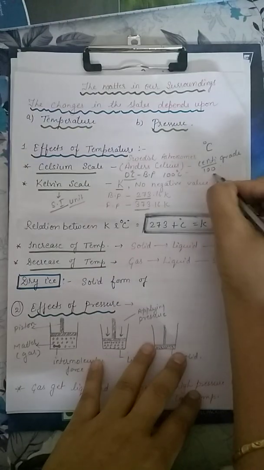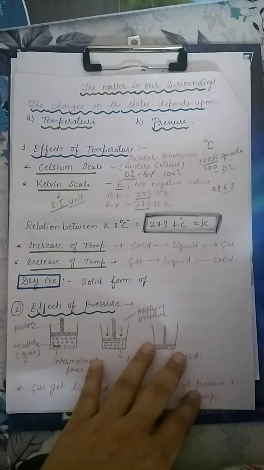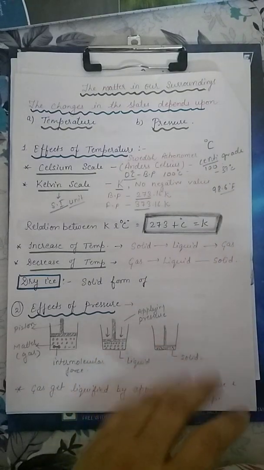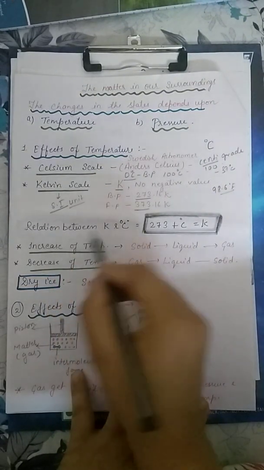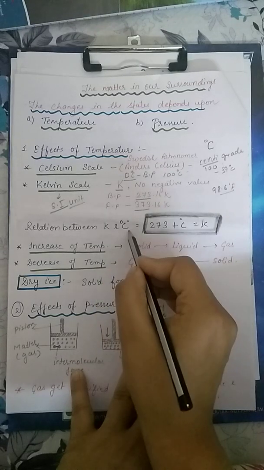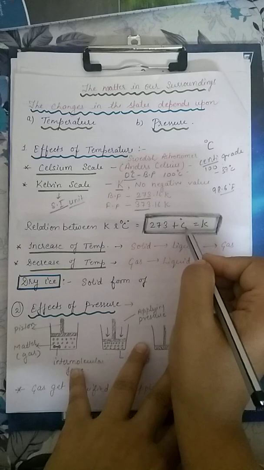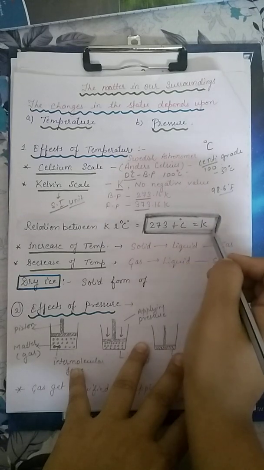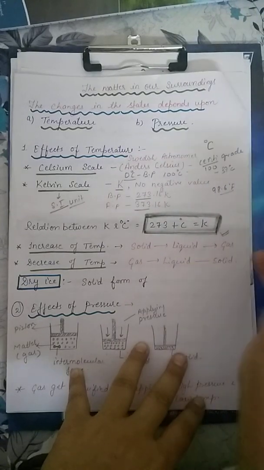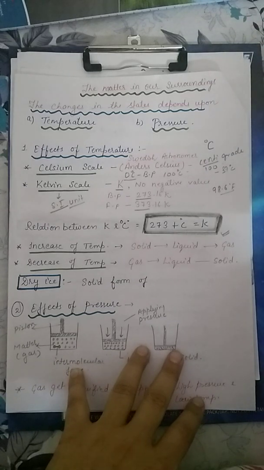And in Celsius we have 37 degrees Celsius as our ideal body temperature. So there is a relationship between the Kelvin scale and the centigrade: 273 plus centigrade is equal to K. This is very important for solving some questions, and I will give some questions based on this.